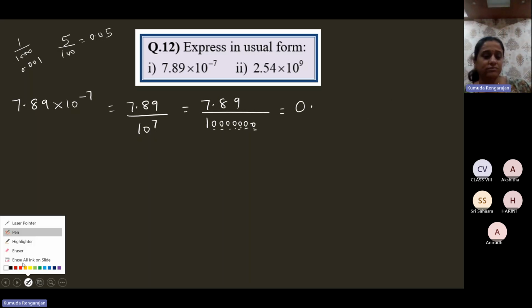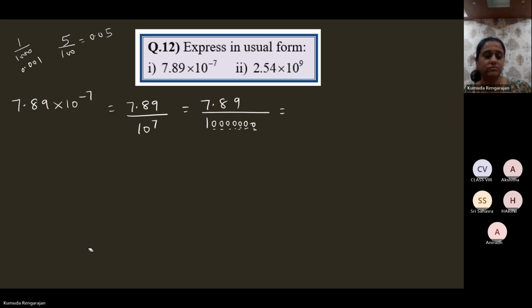So see here. Just put some zeros. How many zeros here? 7, no? 1, 2, 3, 4, 5, 6, 7. And then write that number which you have there.